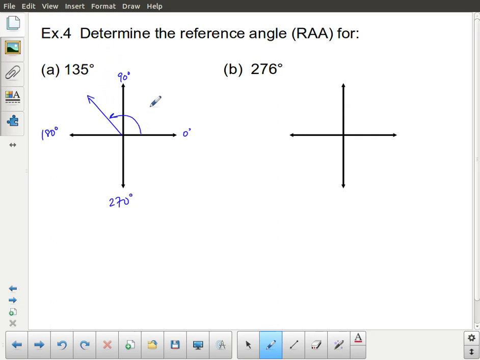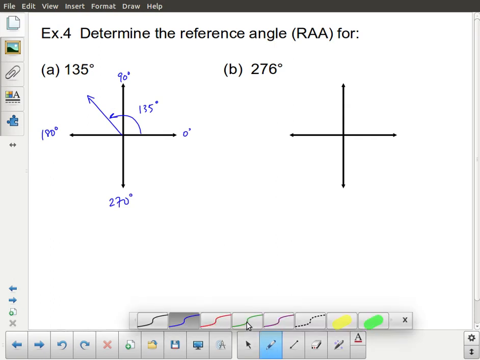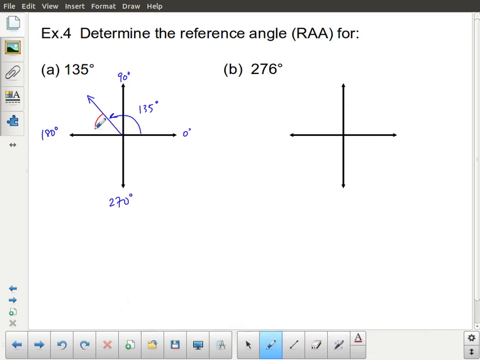The definition of the reference angle or the related acute angle is the acute angle between your terminal arm and the nearest part of the x-axis. What is the nearest part of the x-axis to this terminal arm? The negative x-axis or the positive, and it's quite obvious it's the negative x-axis. So this angle is going to be my reference angle or my related acute angle.